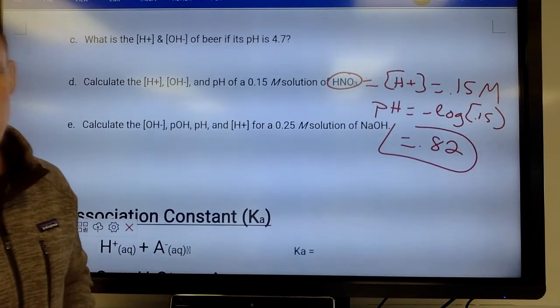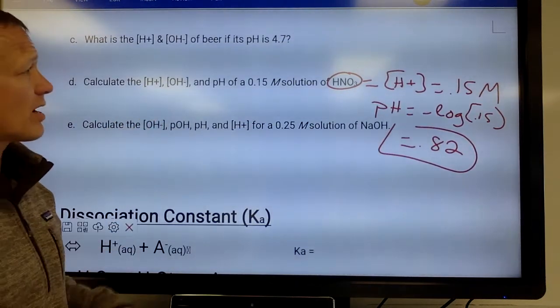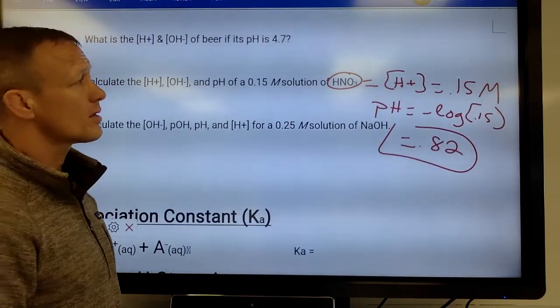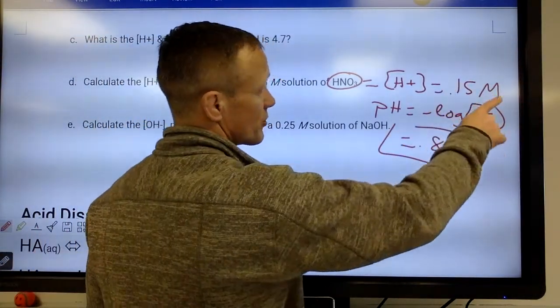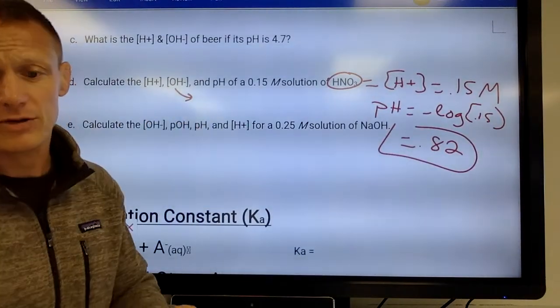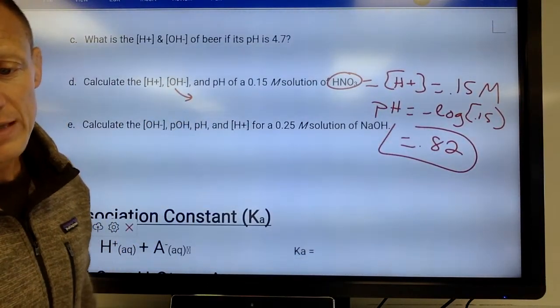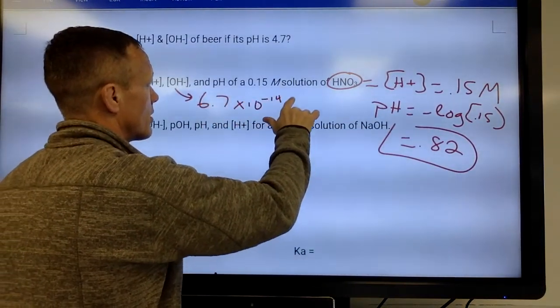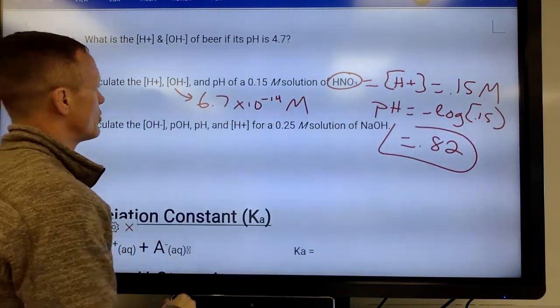All right. And then concentration of OH negative ions, a couple ways you could do it. You can get pOH and go from there. You can do concentration of H plus times concentration of OH negative equals 1 times 10 to the negative 14th. I'm just going to tell you what the answer is. The answer there is 6.7 times 10 to the negative 14th molar is your OH negative.